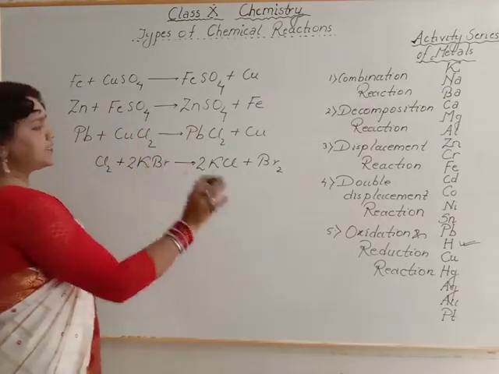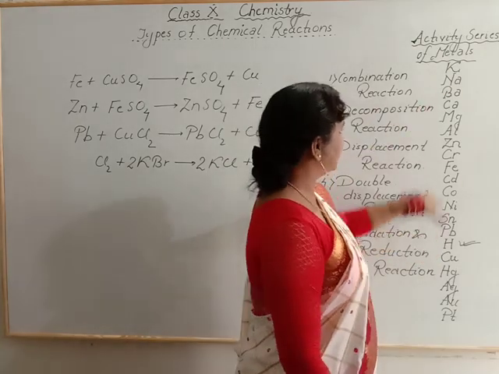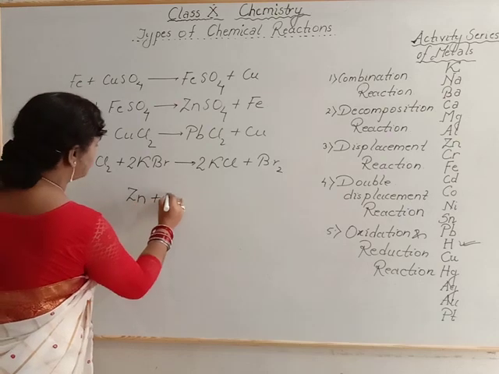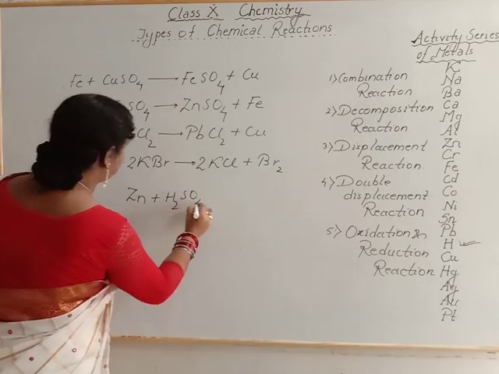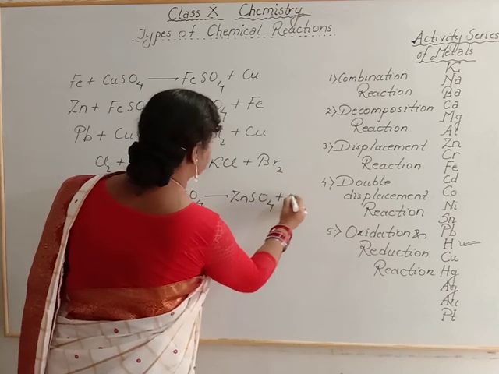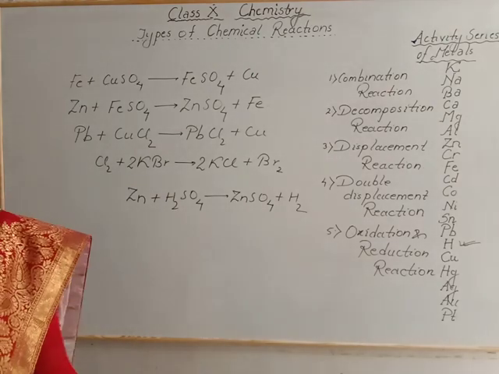Also you can see that hydrogen can be replaced by metals present above hydrogen. See, zinc plus H2SO4. What happens? ZnSO4 plus H2. So these are all about the displacement reaction.